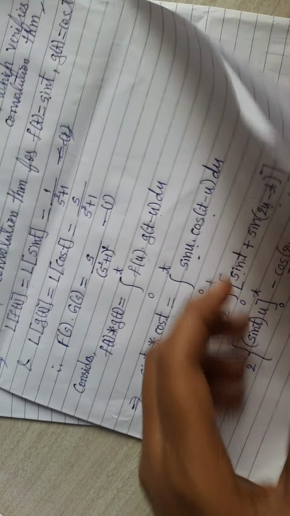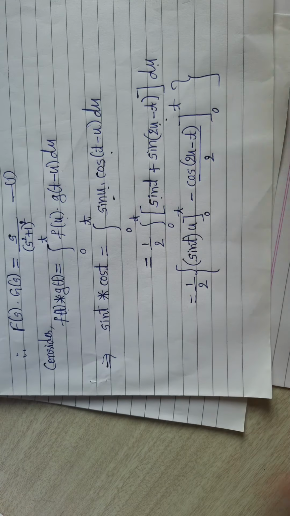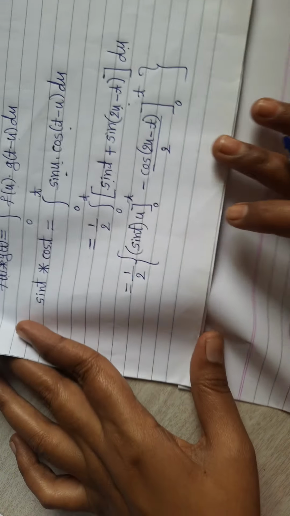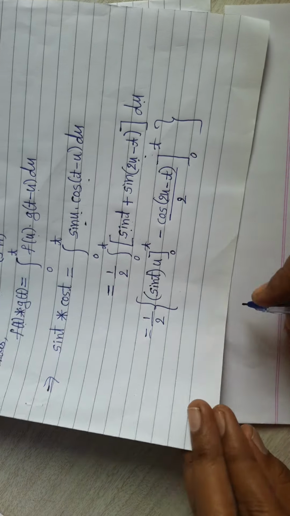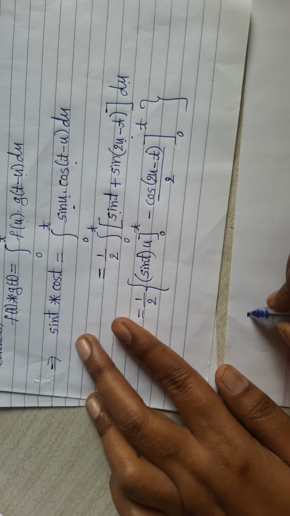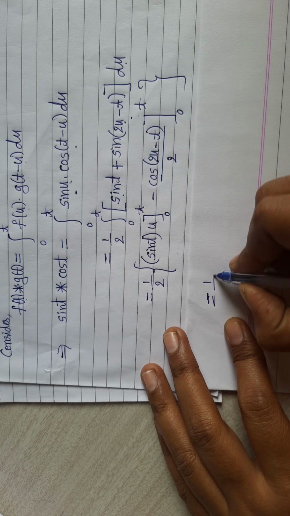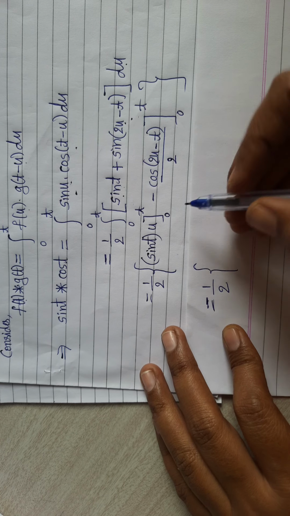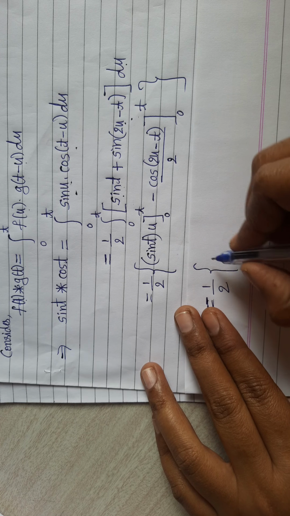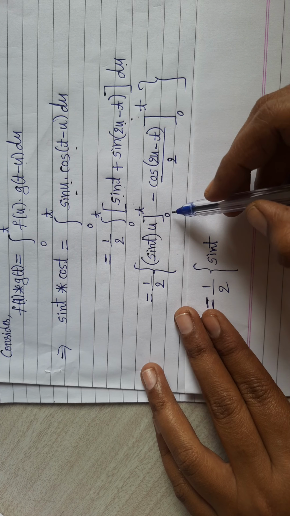Next, now simplify here. That is equal to 1 by 2 as it is. First we'll substitute the upper limit and lower limit. So sin t is constant, keep as it is. Then for u substitute the upper limit and lower limit.